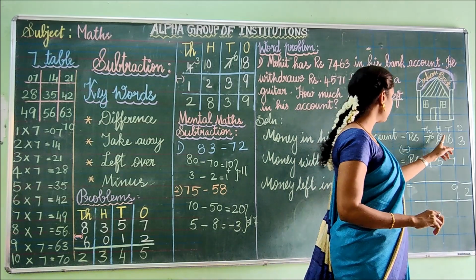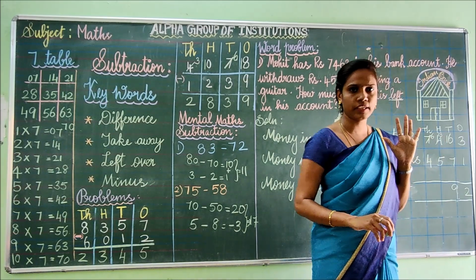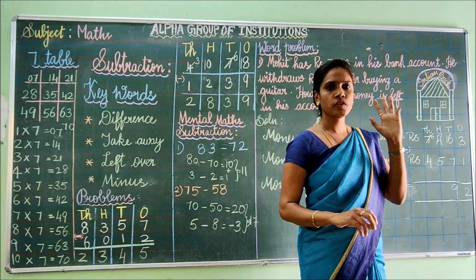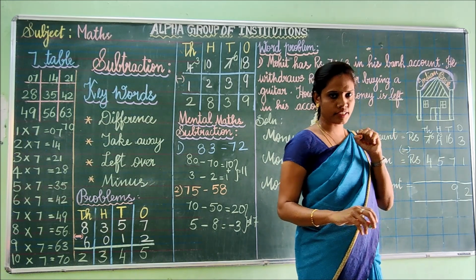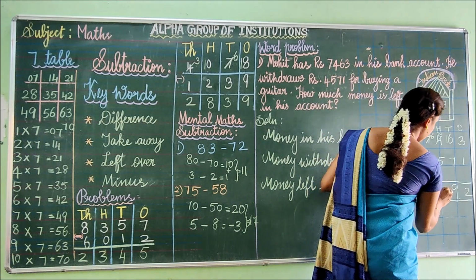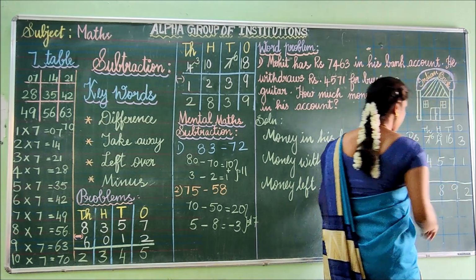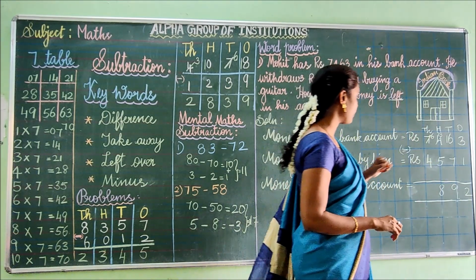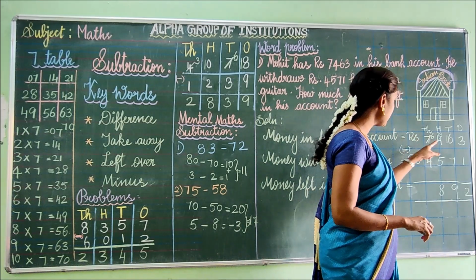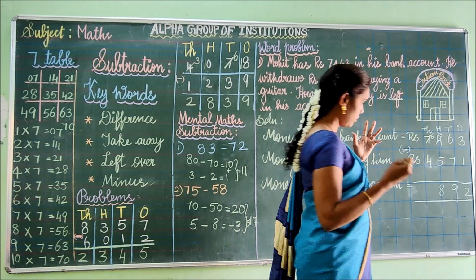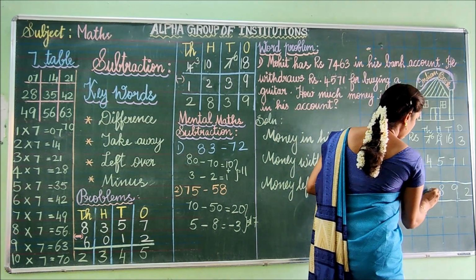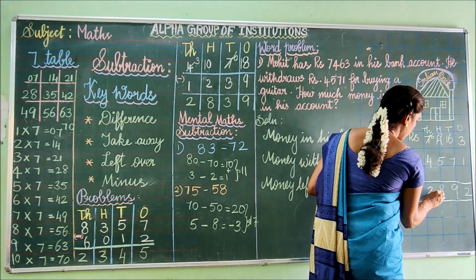Now keep 13 in the mind, take 5 fingers: 12, 11, 10, 9, 8. 13 minus 5 is 8. Fine, children. Now move on to the thousands place. 6 minus 4 is 2.